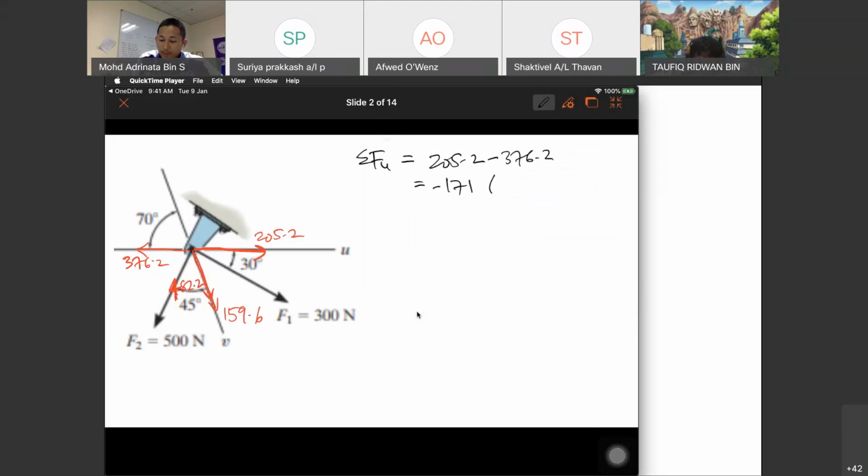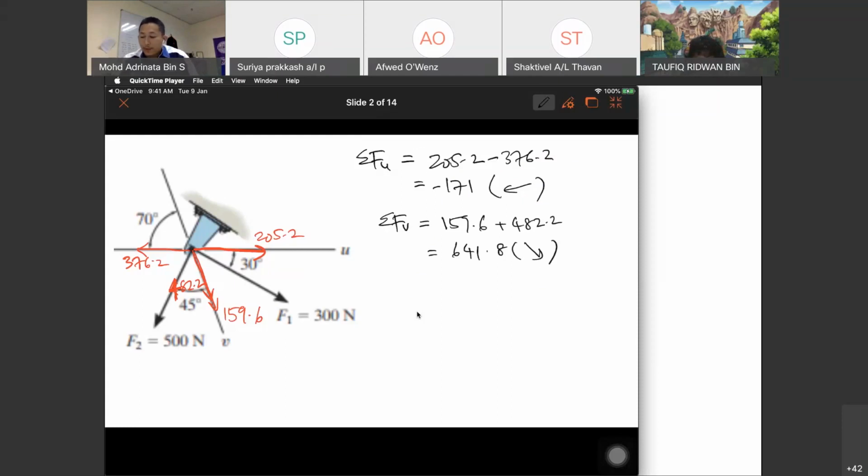So negative is to the left direction of U. Sigma Fv equals 159.6 plus 482.2 equals 641.8. It is the V direction. Positive. Okay.